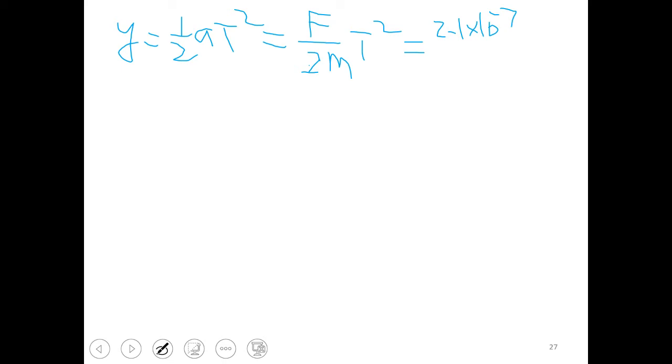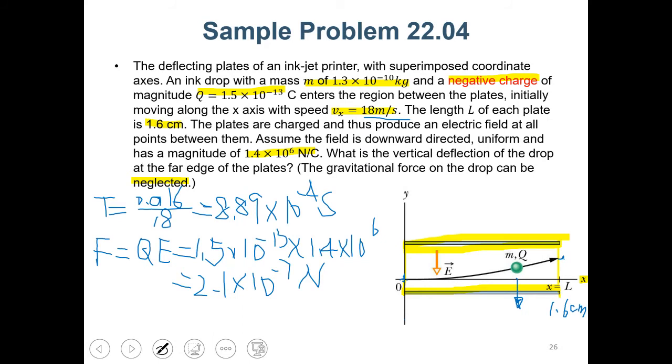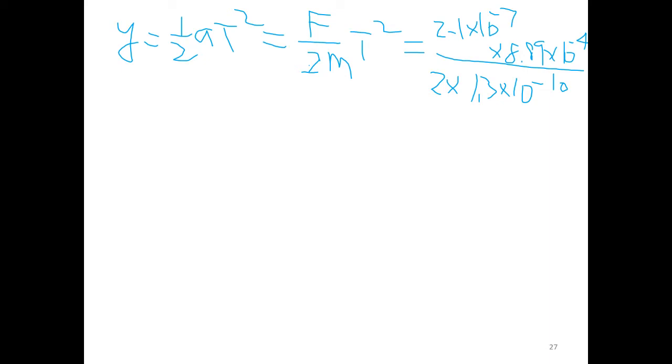So 2 times 1 times 10 to minus 7 times 8.89 times 10 to minus 4, over 2 times 1.3 times 10 to minus 10. Yeah, the mass is 1.3 times 10 to minus 10.